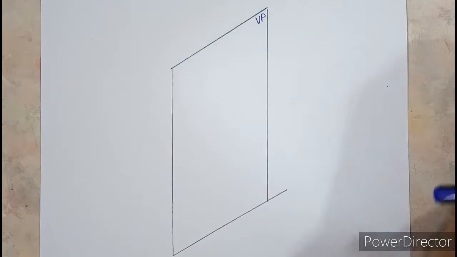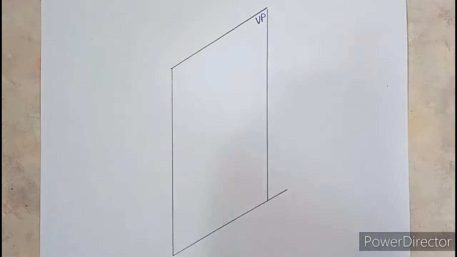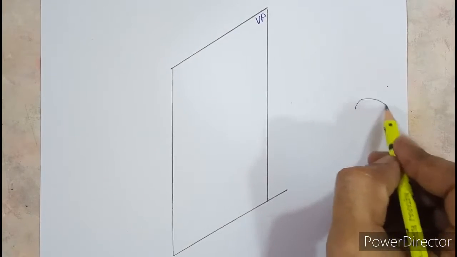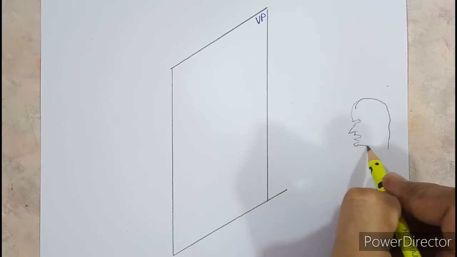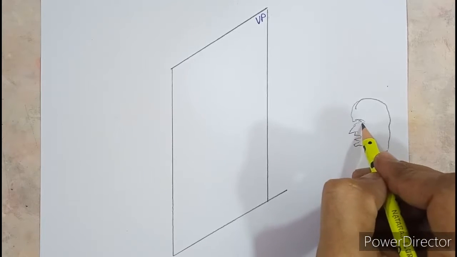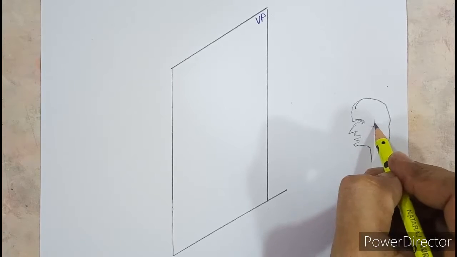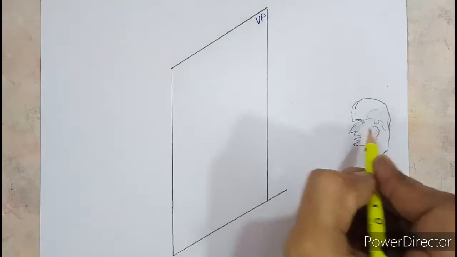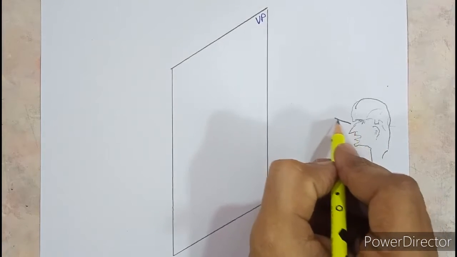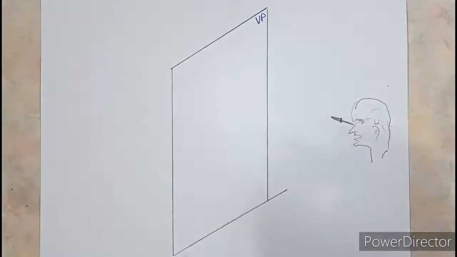Now this concept we're going to discuss today is very important, so please pay attention here. We know that this is the observer. The rule is that the observer should always face, compulsorily, the vertical plane, that all of you know.